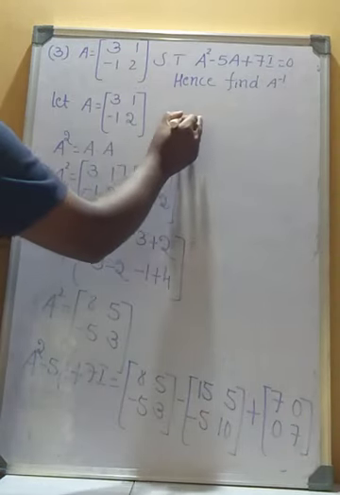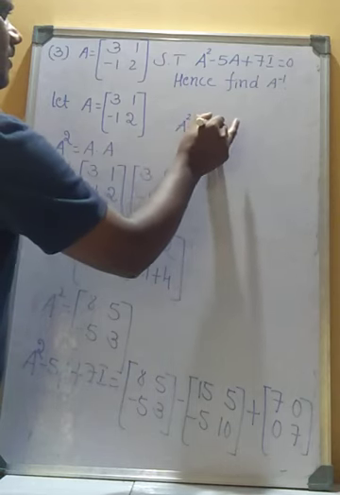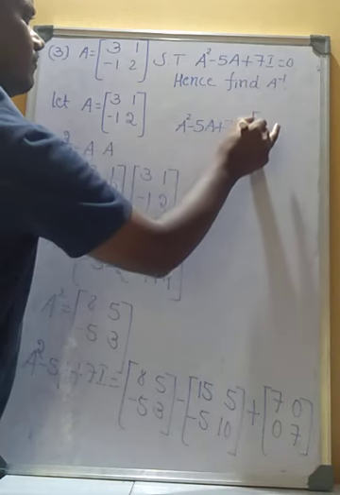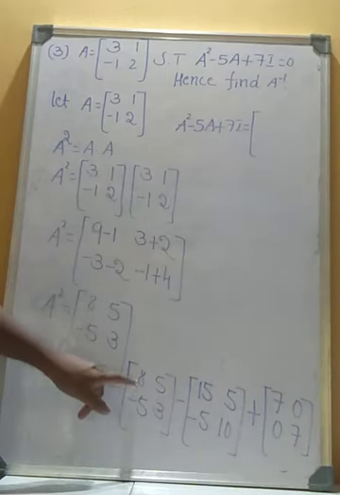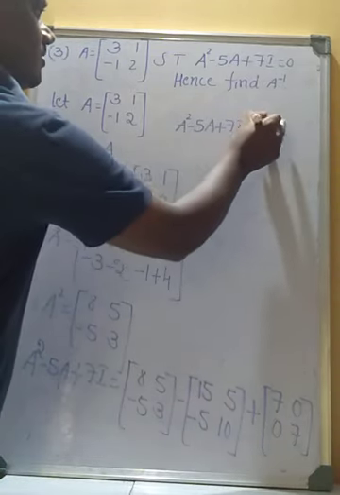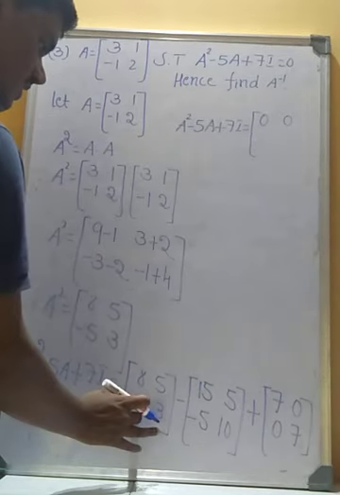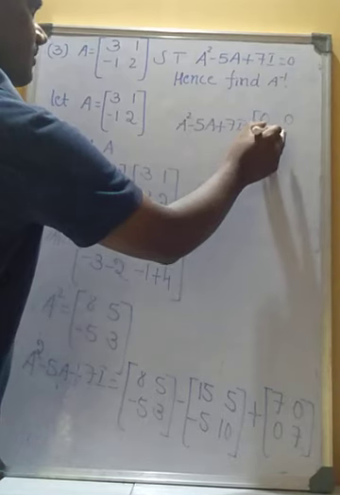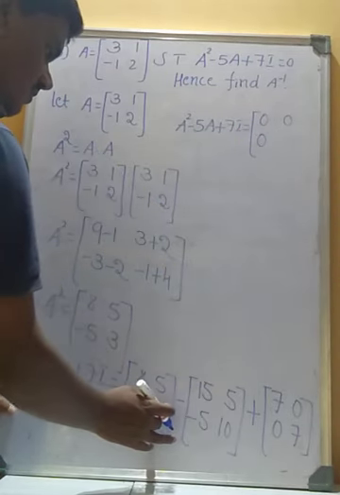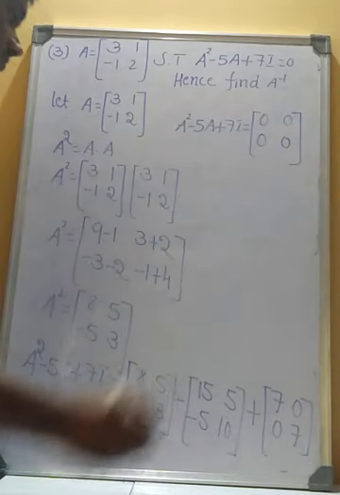So therefore A square minus 5A plus 7I equals 8 minus 15 plus 7, that is cancellation, 0. 5 minus 5, 0. Minus 5 into minus, plus 5, 0. 3 minus 10 plus 7, plus 10 minus 10 gets cancelled, 0.